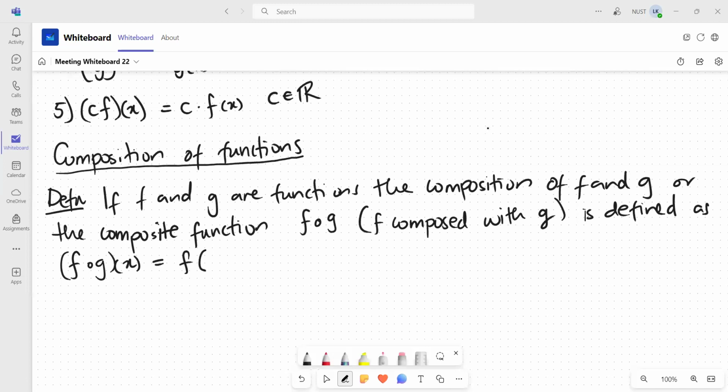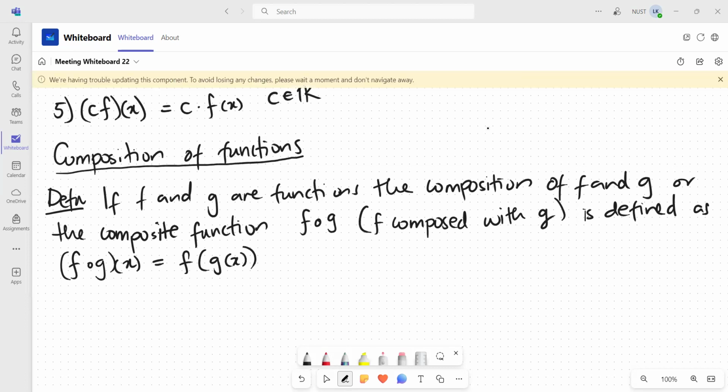What this means is that into the function f, your input is not just x itself, but it is the function g of x.